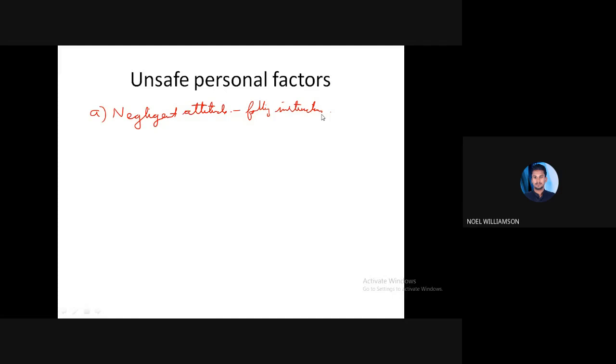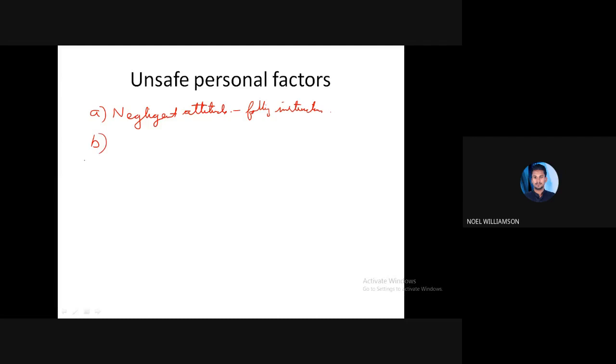So in that manner there will be negligence on the part of the workers. If there is, then it may ultimately create some accidents now or at some other time. So that is the first one: negligent attitude of the worker towards following the instructions.